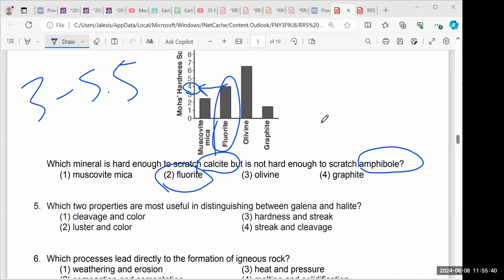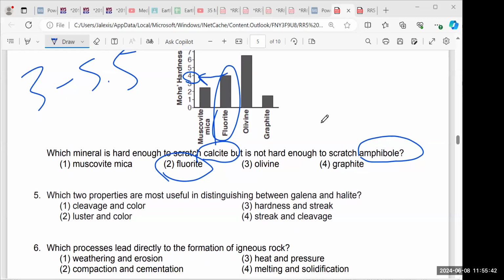All right, number 5. Number 5 says, which 2 properties are most useful in distinguishing between galena and halite? All right. So key thing, we have to see which properties are most useful in distinguishing. So if I see galena and halite, I have to pick which 2 properties are different, right?